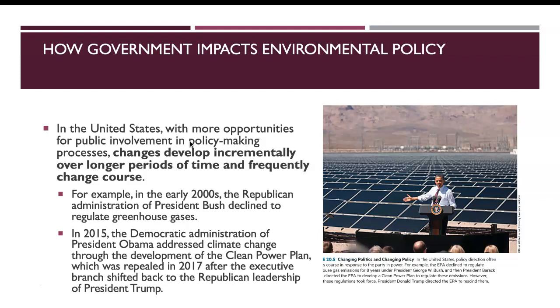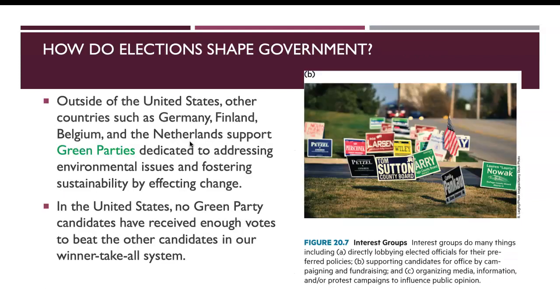And when Donald Trump became president, he did not like this idea, so he gradually shifted back the policies the Obama administration made. So we are going backwards in history.